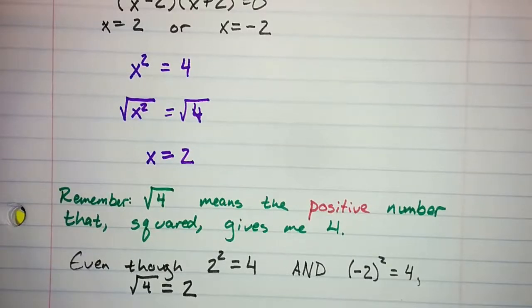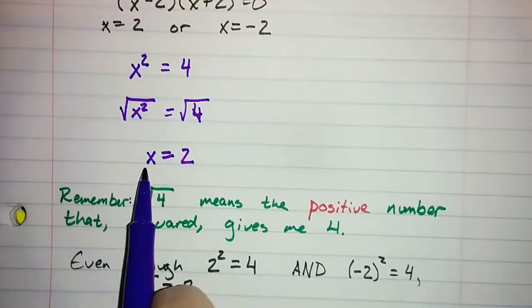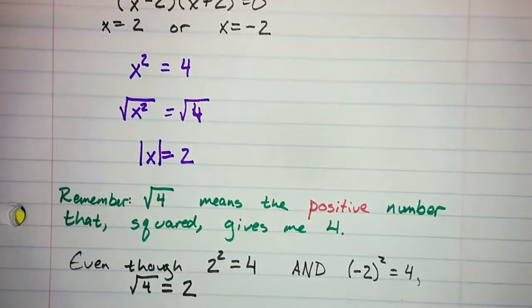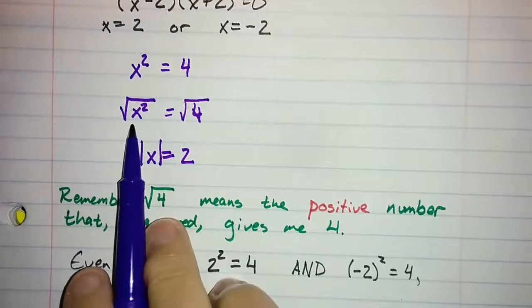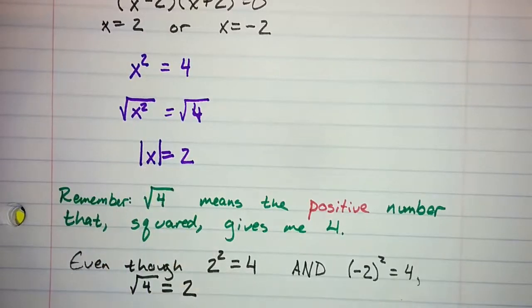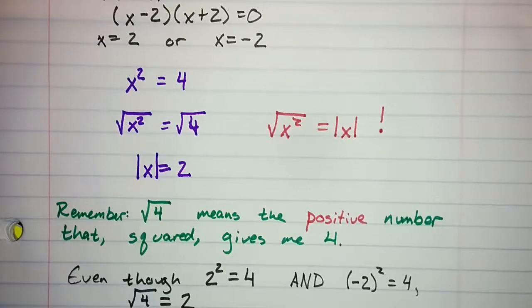What does that mean? That means that when we square something and then take the square root, we don't get our original number back. We get its positive version back. The square root of x squared isn't x. It's the absolute value of x. All right. Now we need to think about absolute value equations again?